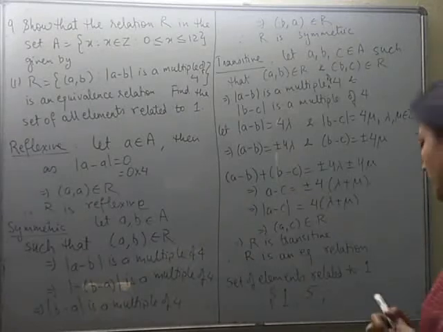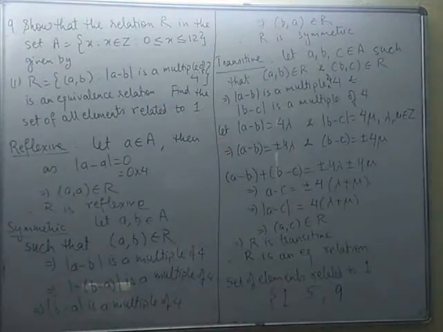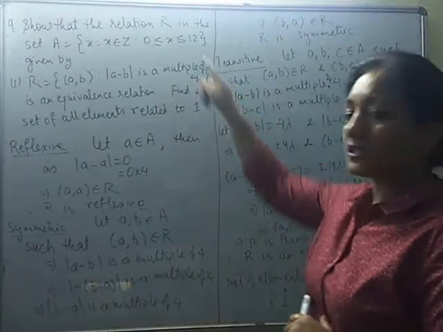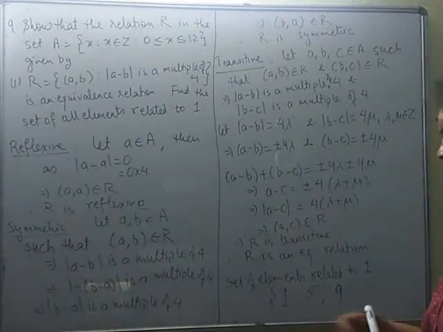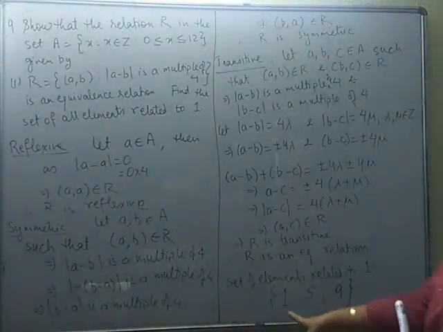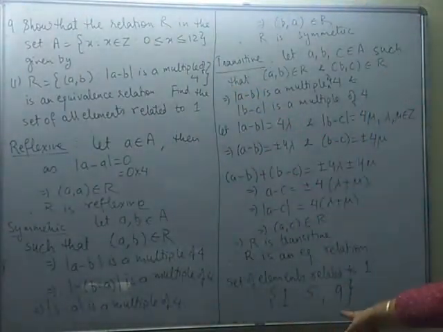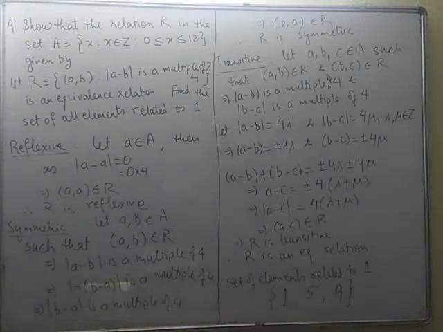In the same way, we can pair 9 with 1 because modulus of 1 minus 9 or 9 minus 1 will be mod of 8, which is a multiple of 4. Because the maximum value of x is 12, we cannot go beyond this, because the next integer which can be paired with 1 will be 13, which does not belong to the set A. So this is the set containing the elements which can be related to 1.